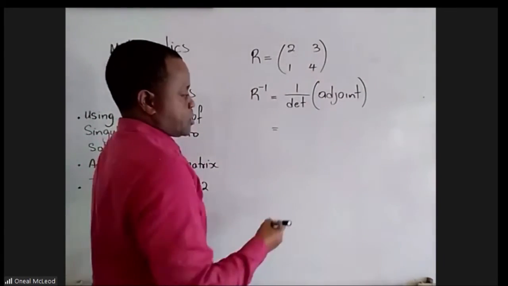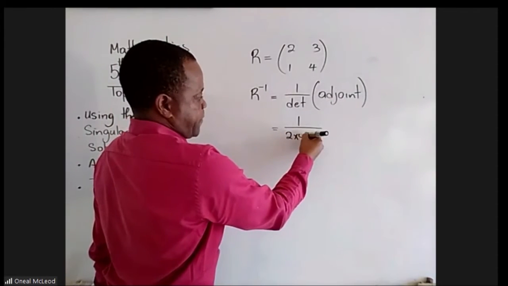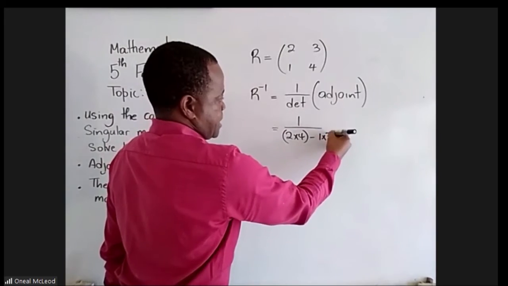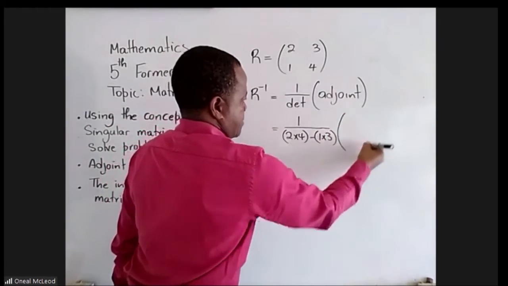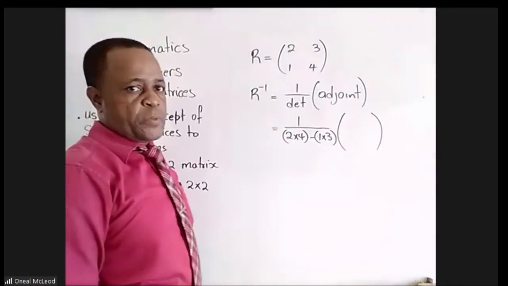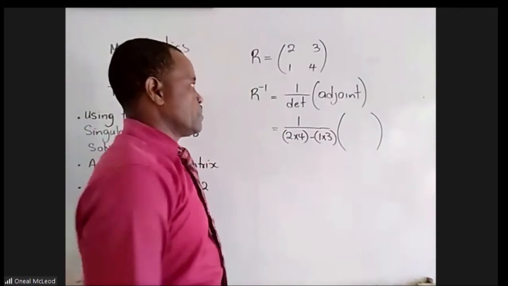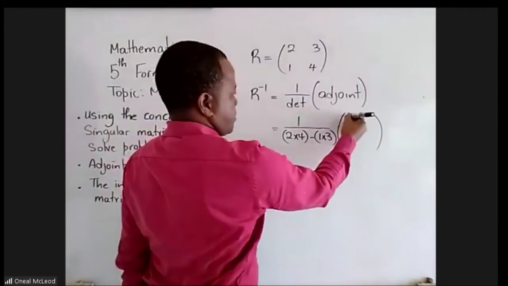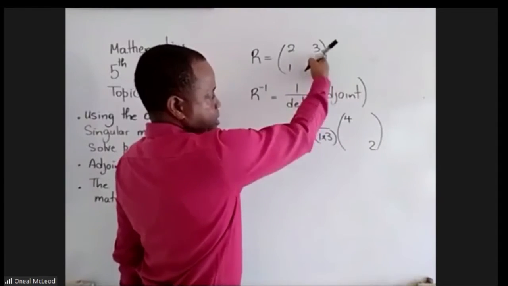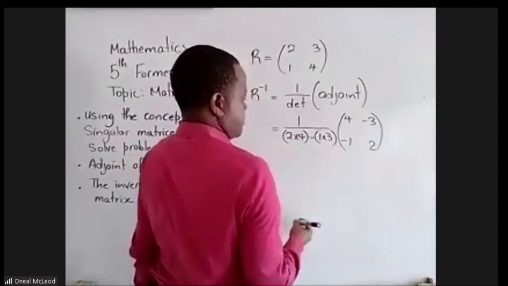So it's going to be 1 over 2 times 4 minus 1 times 3, times the adjoint. What would be our adjoint now? Very good. We interchange, so it's going to be 4 and 2. Multiply the non-leading by -1, so it's going to be -3 and -1.